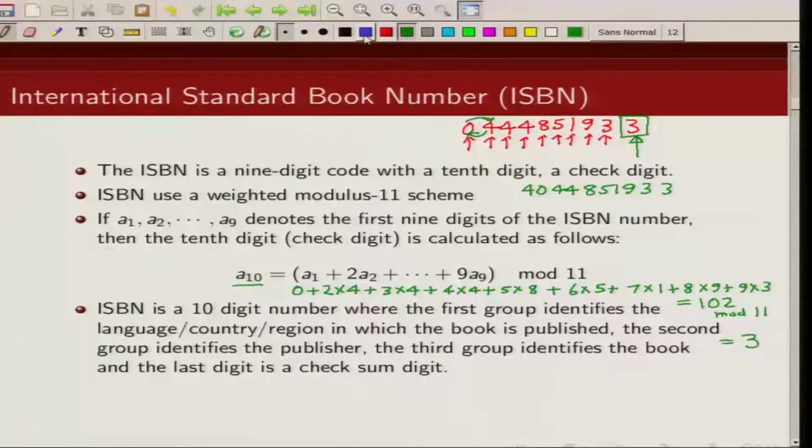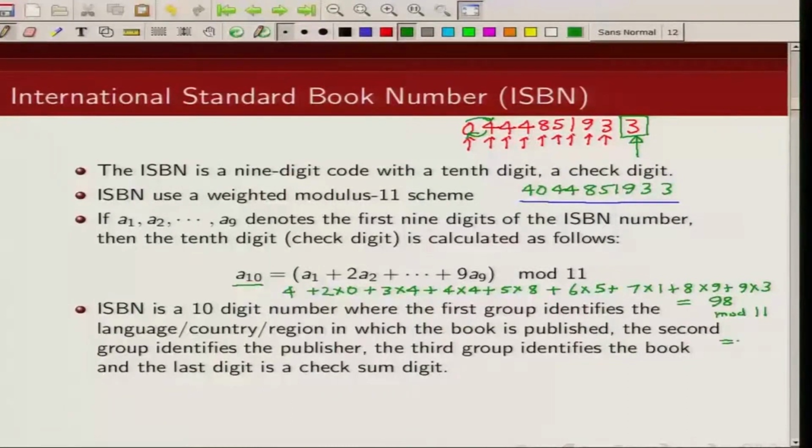We can verify this. Let us say this is the number which has been read by the barcode reader. We try to find out the check digit in this case. So, the difference would be, these two things will be changed because these two digits got interchanged. So, it will be 4 plus 2 times 0, and that would be 98. So, this will be 98 mod 11, and what is 98 mod 11? 11 8s are 88, so that is 10.